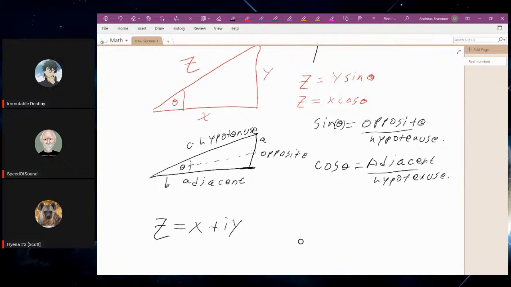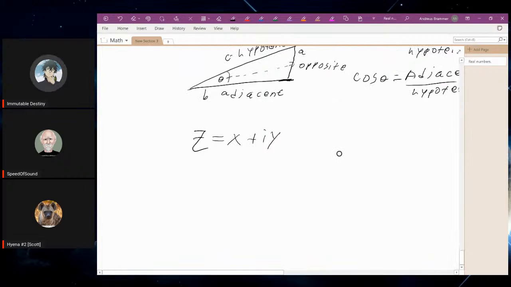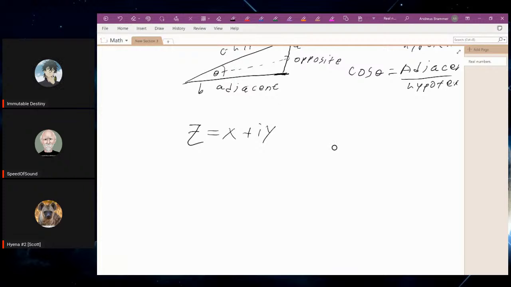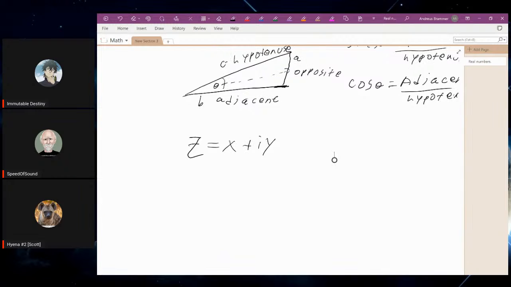What we can do with this is actually rewrite this. What we will obtain, essentially, cheating a little, is z is actually cosine theta plus i sine theta.